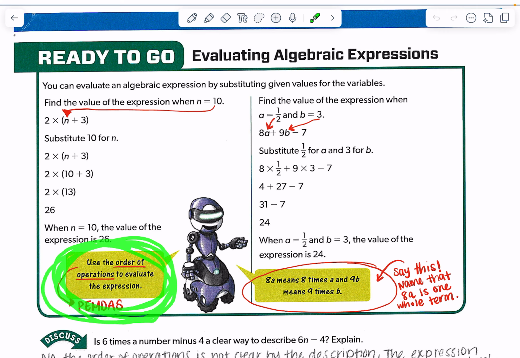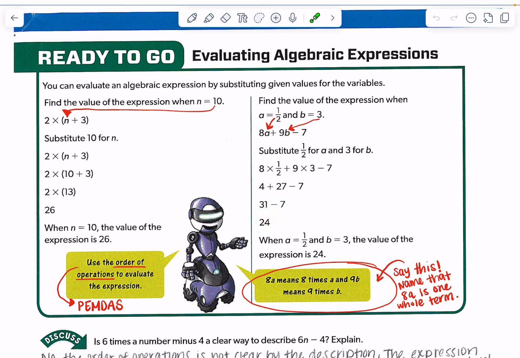The order of operations tells us that addition and subtraction are interchangeable. We have to solve from left to right. So first things first, we are going to do 4 plus 27, which is 31, and then 31 minus 7, which gives us 24.